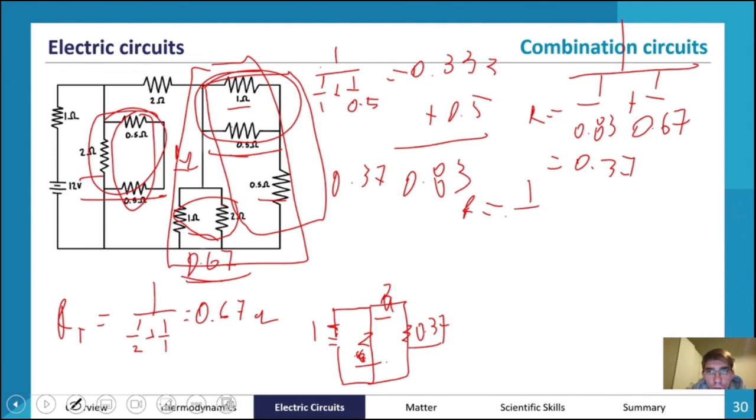So that is 1 on 2.37 plus 1 on 0.67. That is 0.52.